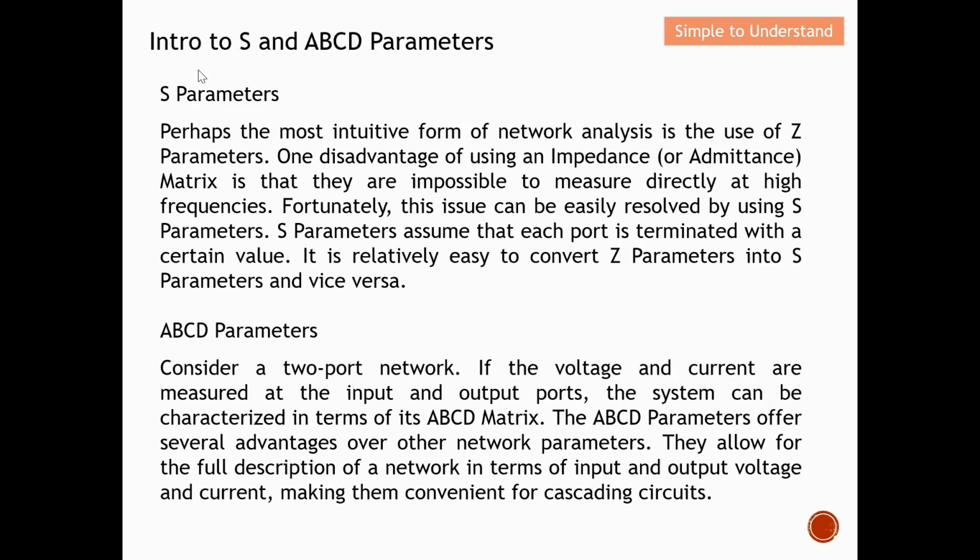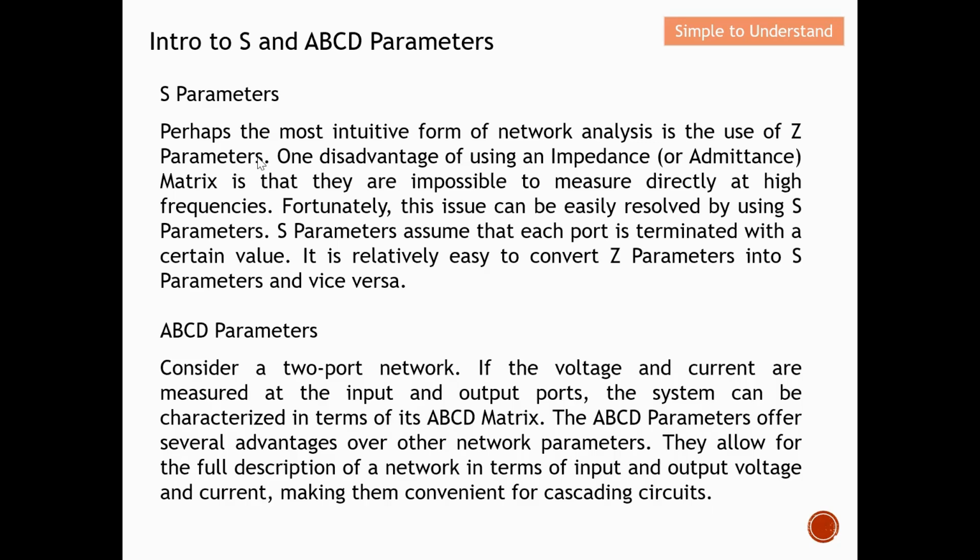Let me do a quick introduction to S and also ABCD parameters. Let's start by discussing the S parameters. But before I go into detail on S parameters, for a start, let me quickly mention what Z parameters are, which are also the impedance parameters.